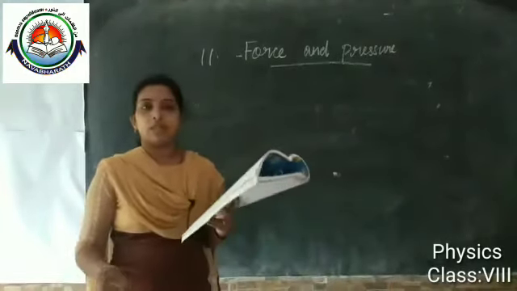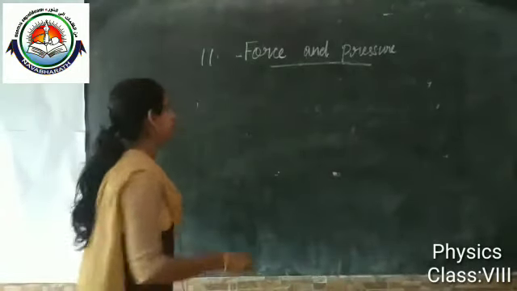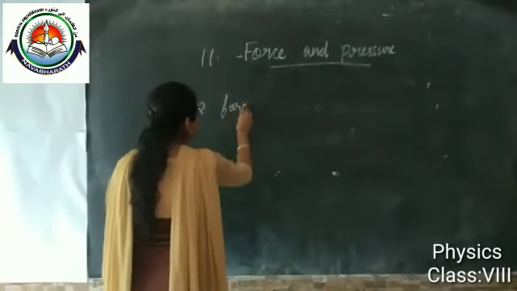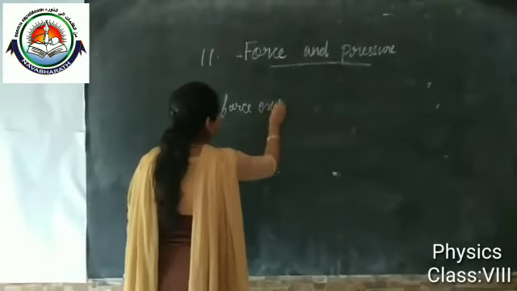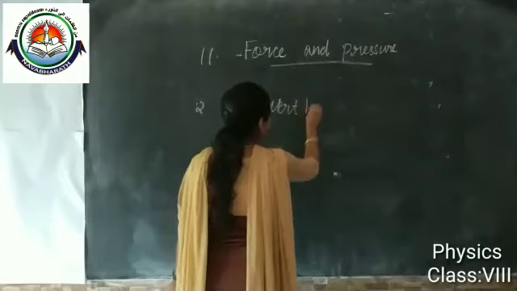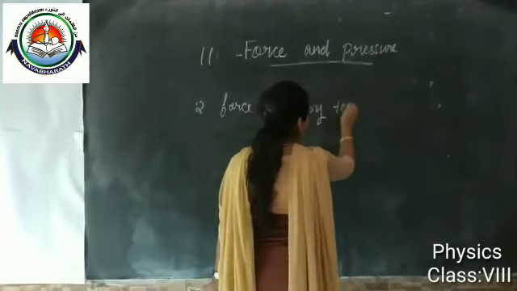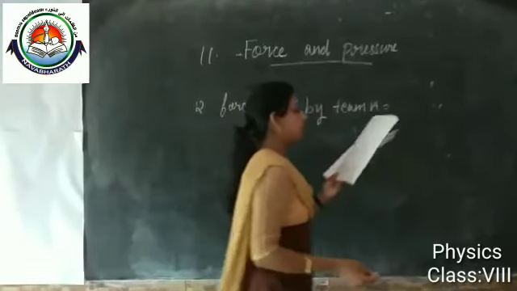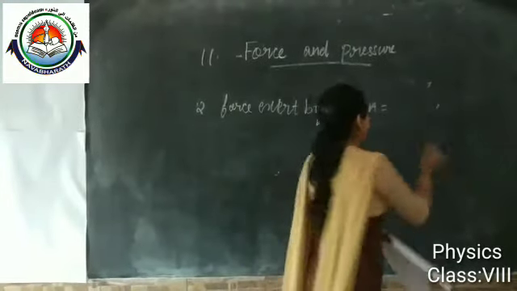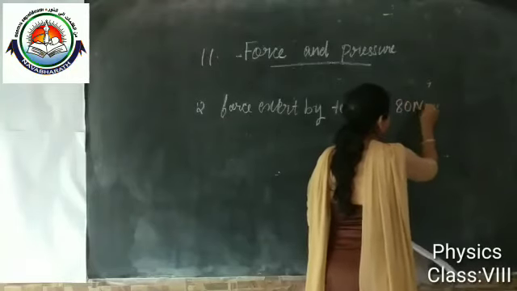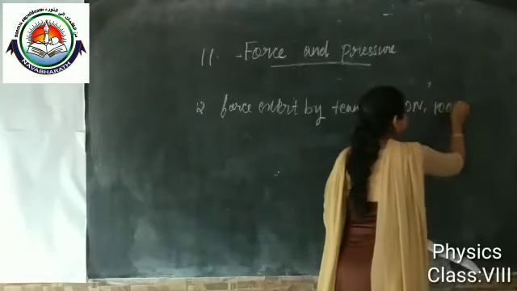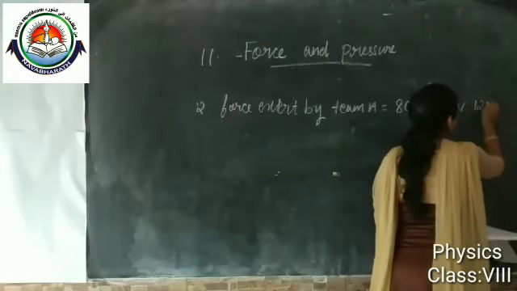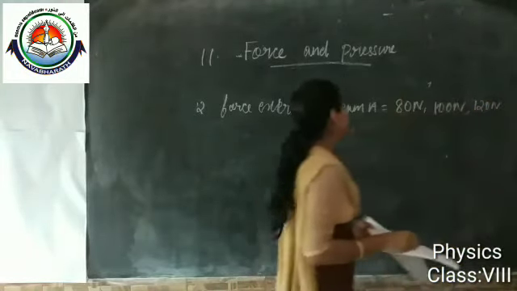So the force exerted by team A is equal to, here in this question it is given, 80 Newton, 100 Newton and 120 Newton. Then what we have to find out?